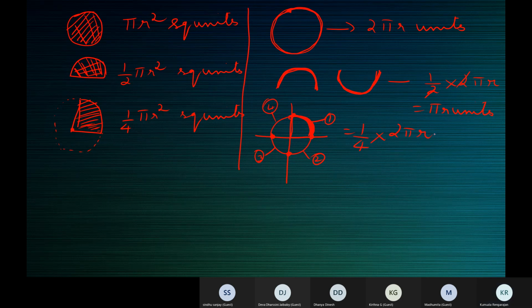Yes, ma'am. So what do you get on reducing it? Pi r by 2 units. I think this diagrammatic representation will be easier to understand. Please make a note of this also, children. Please take down this in your book.